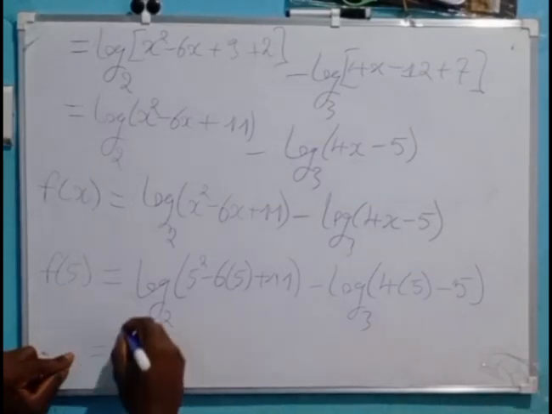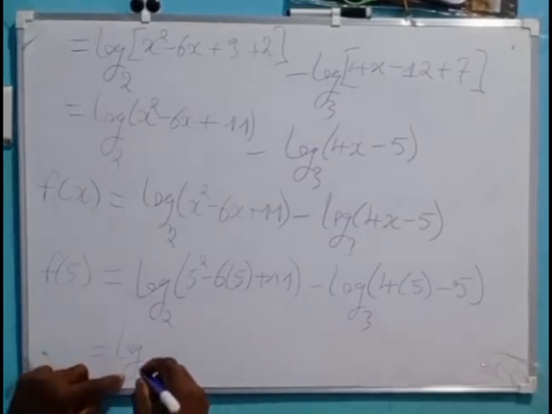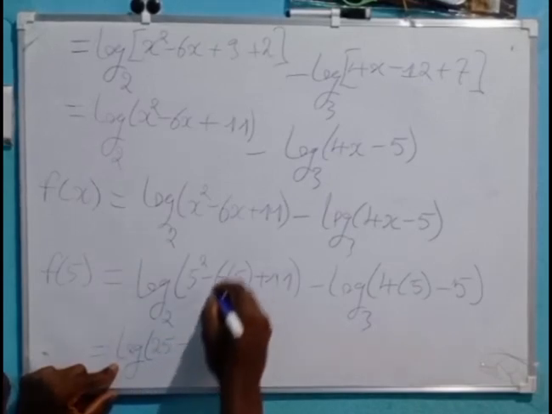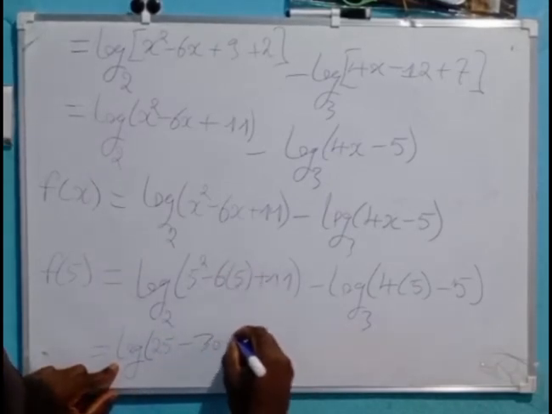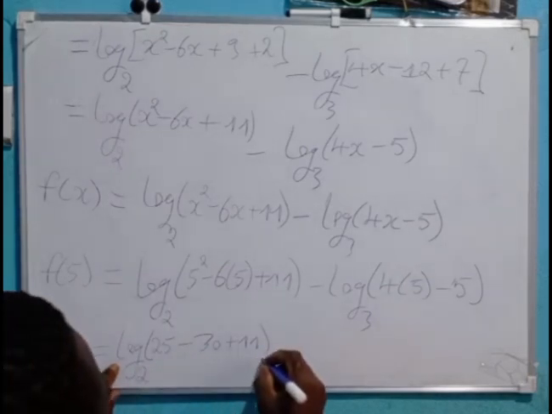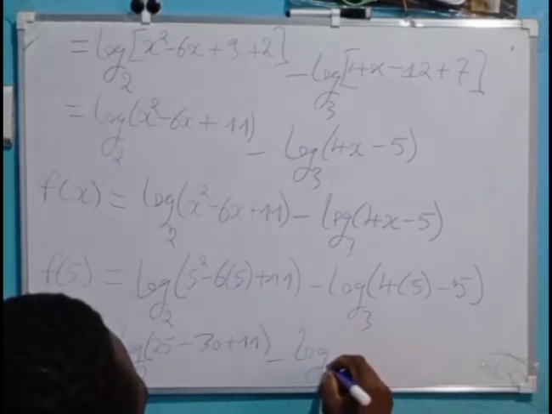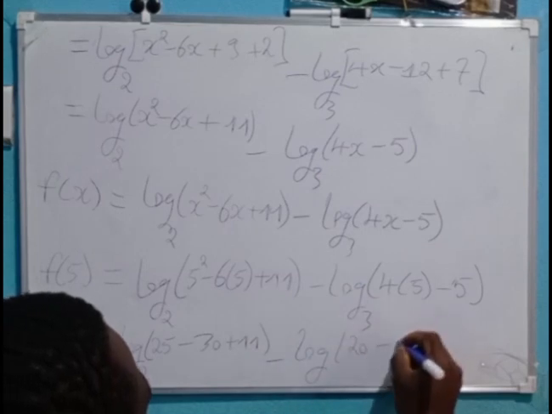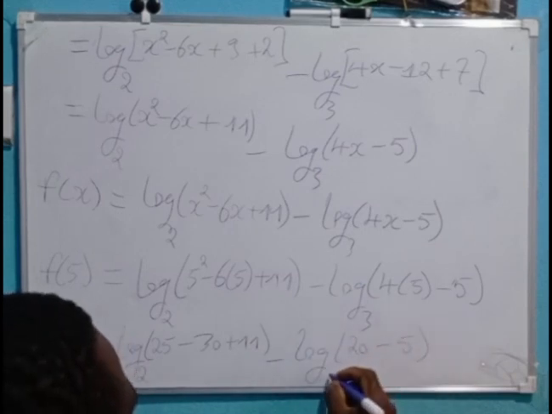This will simply be equal to the log of 5 squared gives us 25, minus 30, plus 11, to the base 2, minus the log of 4 times 5 gives us 20, minus 5, to the base 3.